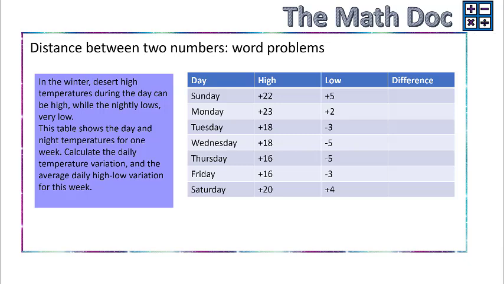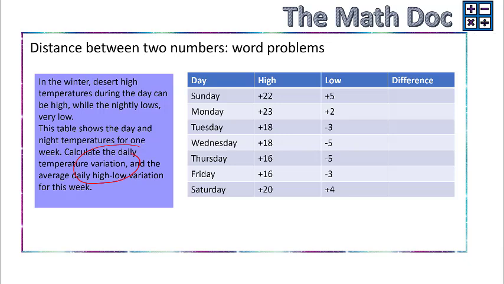The question asks us to calculate the daily temperature variation, and then eventually, once we have all the numbers, also the average daily high-low variation for this week. So this is 1 week, sometime in the winter, it looks like, and we're asked to calculate the change in temperature, which is basically the difference between two numbers.